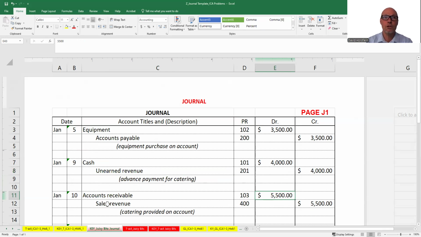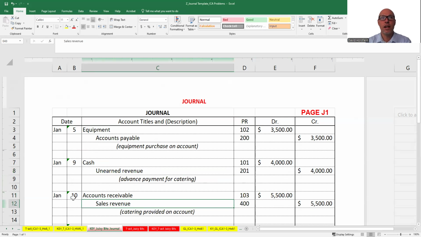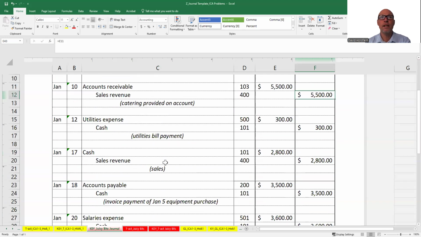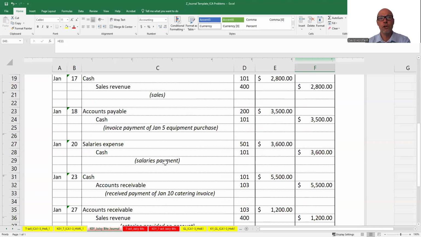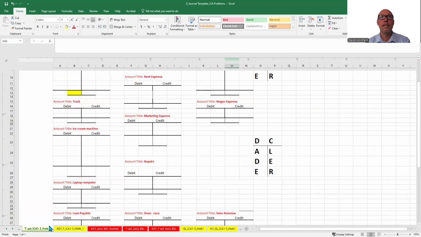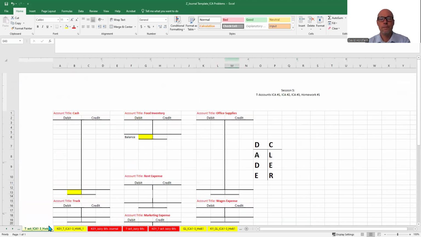Then we'd go to the sales revenue T account, date it January 10, and under credit, we'd add $5,500 and so on. So we essentially go through all the transactions in the traditional journal template and transfer them into the T accounts like so.